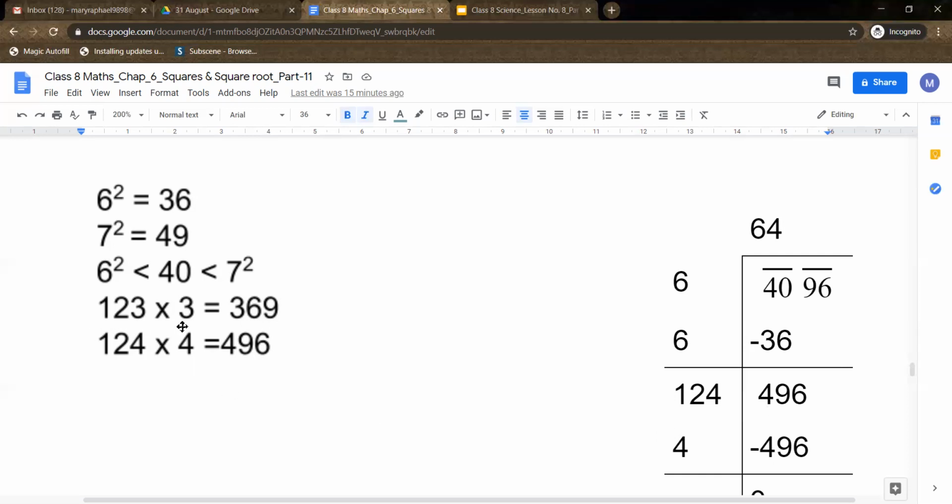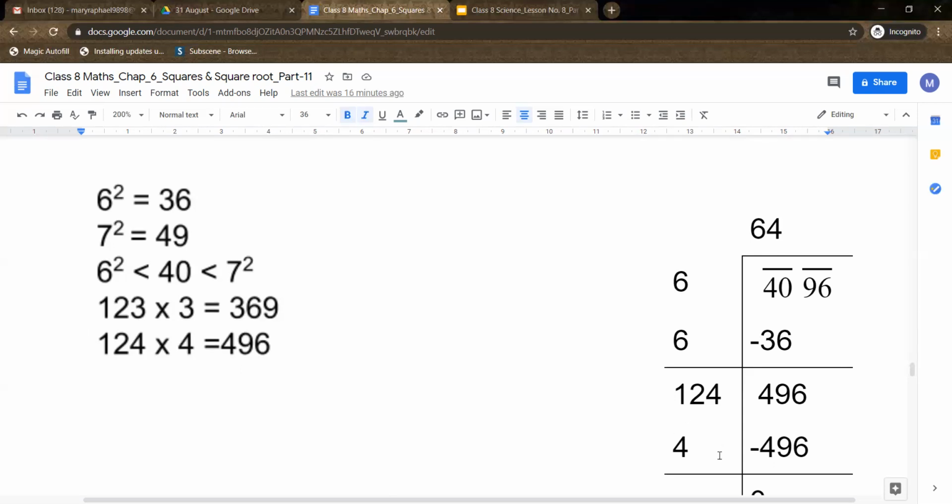I tried 123 so that you can understand which pair is suitable and which pair is not suitable. So 124 fours are 496, exactly equal to the dividend. So which is the new digit coming? 4. That goes right after 12, just below that, and in the quotient part, in 3 places.